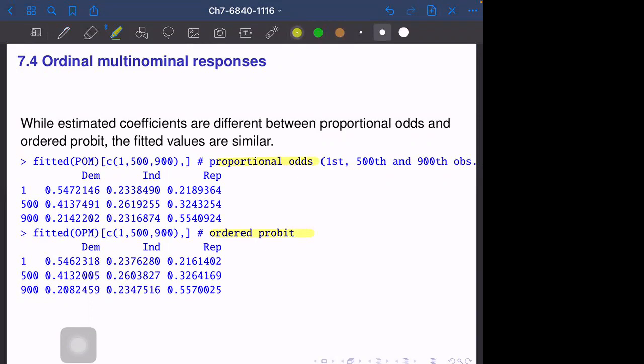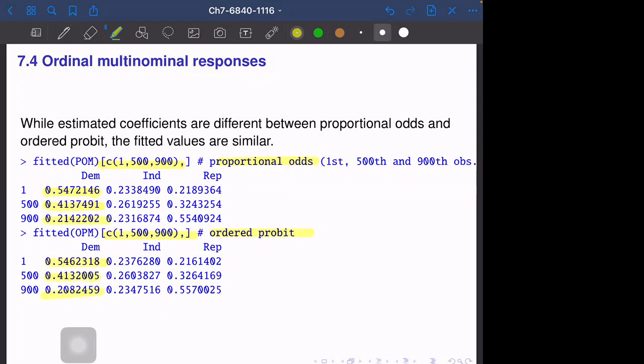This data set has 944 observations, and it's sorted by income. So if we choose the first, second, third observations, those are similar, so we picked the first, 500s and 900s observations. If we pick these different observations, the probabilities are similar.